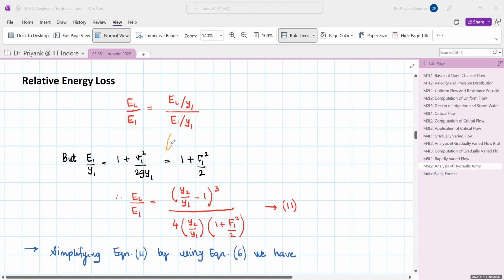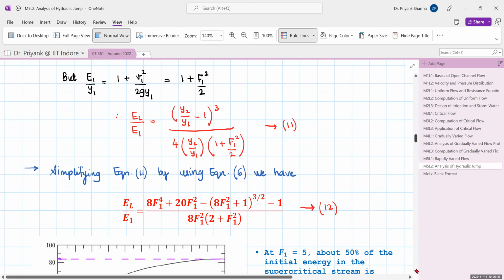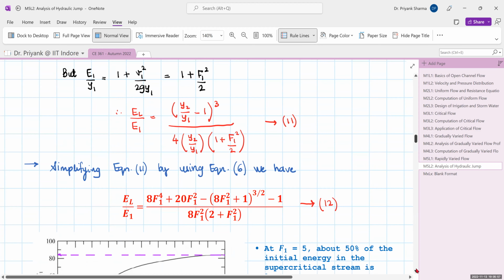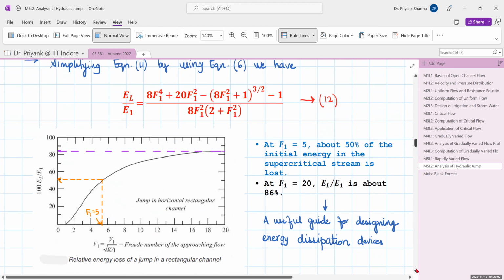You just substitute all the values, then you get the simplification done, and once you solve this equation, you will finally have the expanded form, that is EL by E1 is (8F1 raised to 4 plus 20 F1 square minus 8 F1 square plus 1 raised to the power 3 by 2 minus 1) the whole divided by 8 F1 square into (2 plus F1 square). So understanding this equation, how the relative energy loss is related.